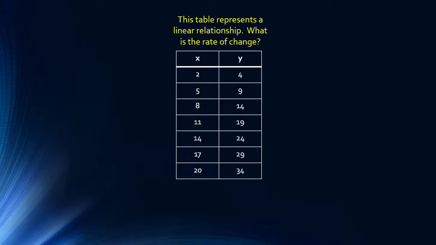And then finally, you're given a table that represents a linear relationship. And what you're to do is to calculate the rate of change. Remember that the rate of change is delta y over delta x.